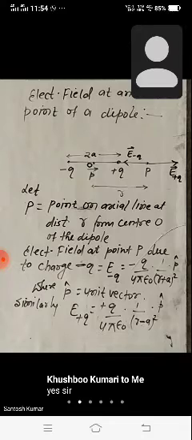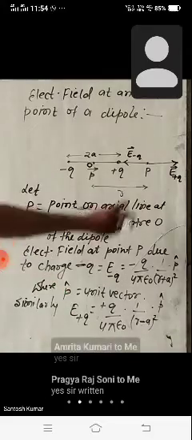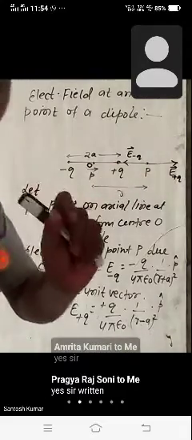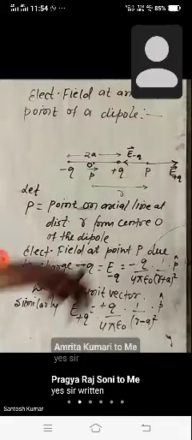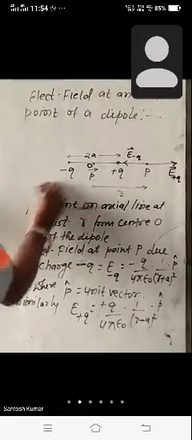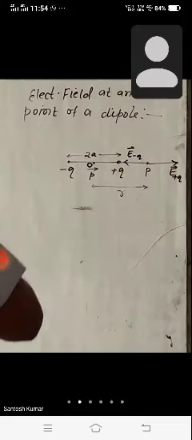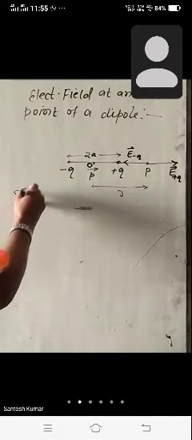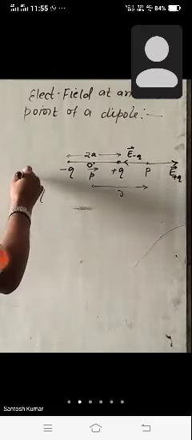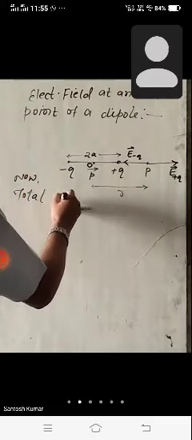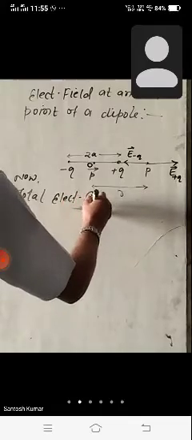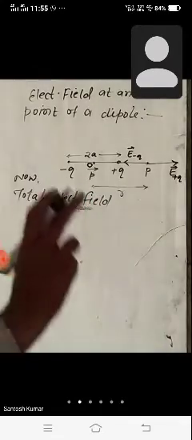Okay, thank you. So now we have found these two values, E plus Q and E minus Q. So the total, that is the resultant or effective electric field at point P, we have to find. Now you can write total electric field. Total means resultant, effective, whatever.